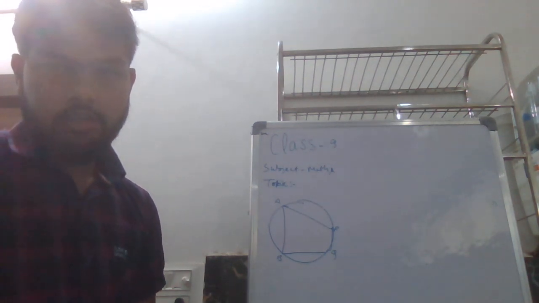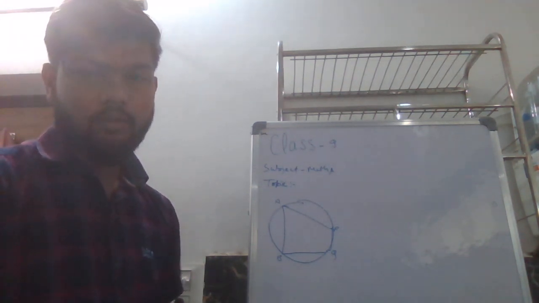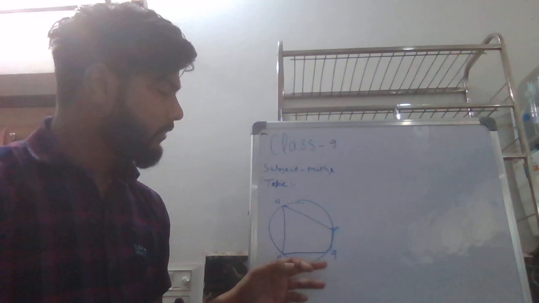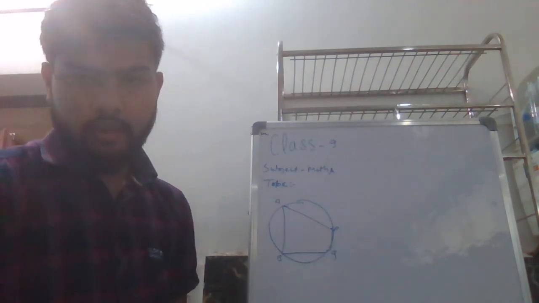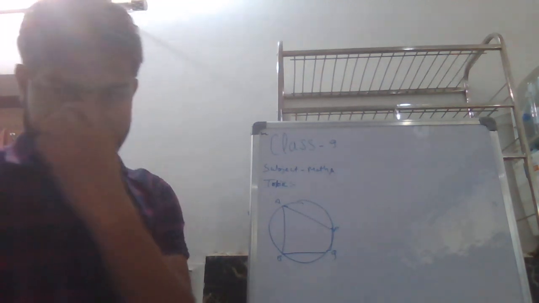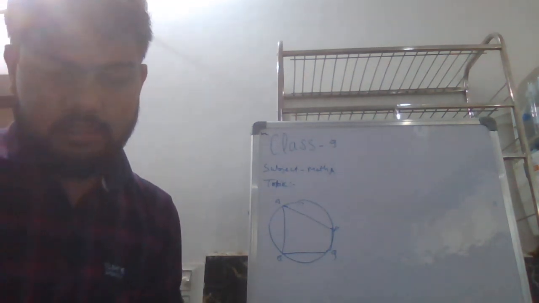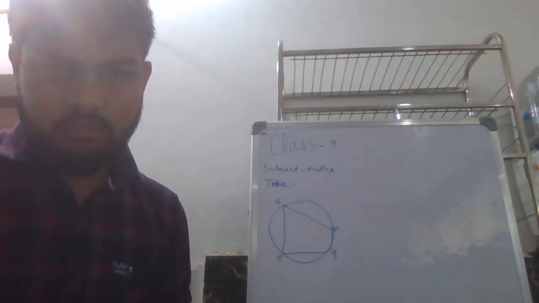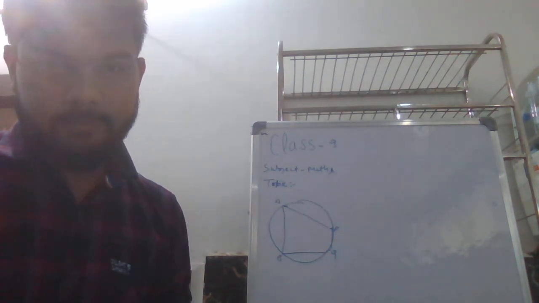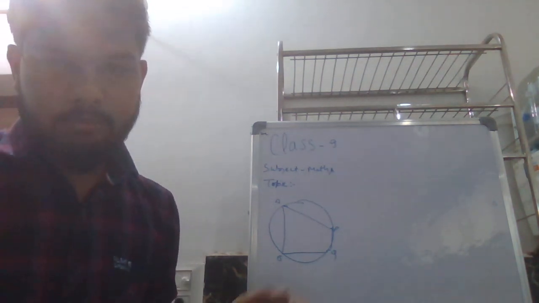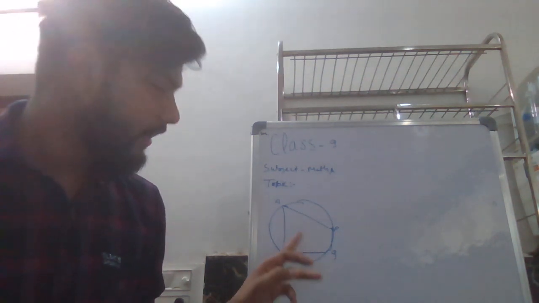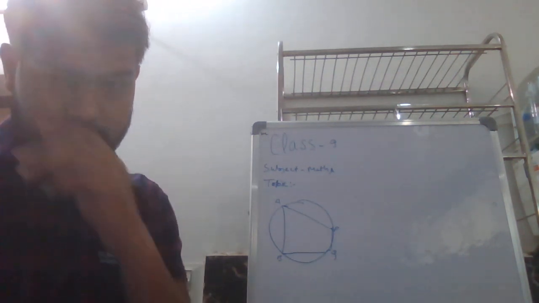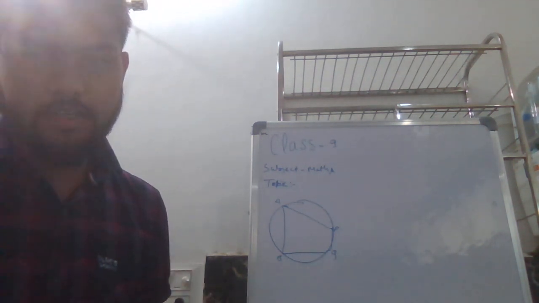Here we can take four points A, B, P, Q on the circle and draw a quadrilateral by joining them, measure all the angles and find the sum of the opposite angles. The sum of the opposite angles is 180 degrees.